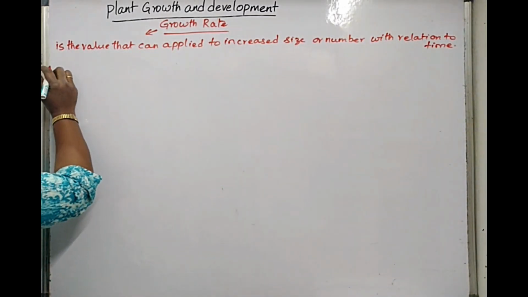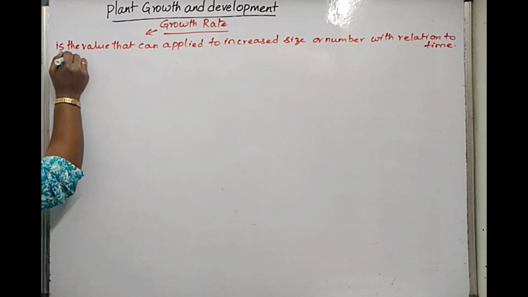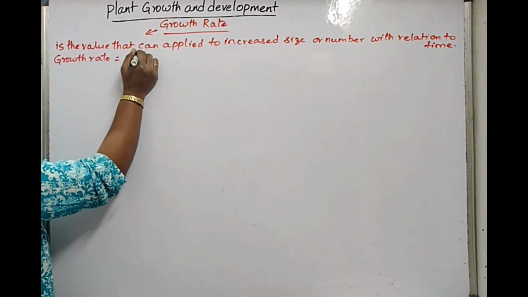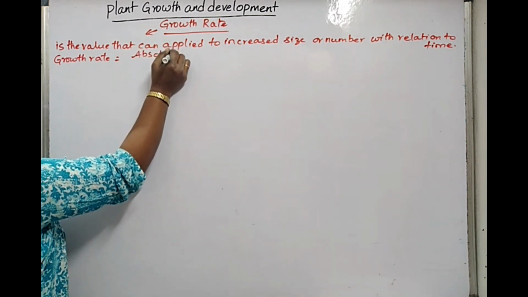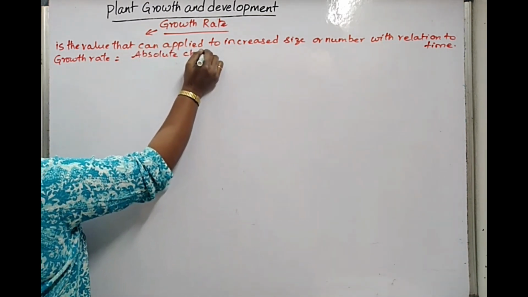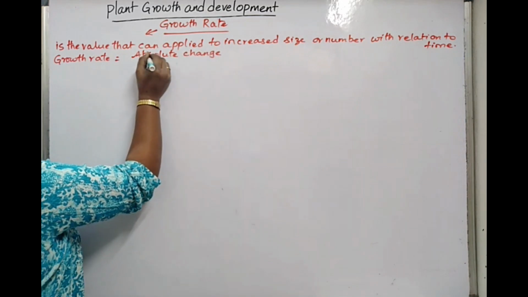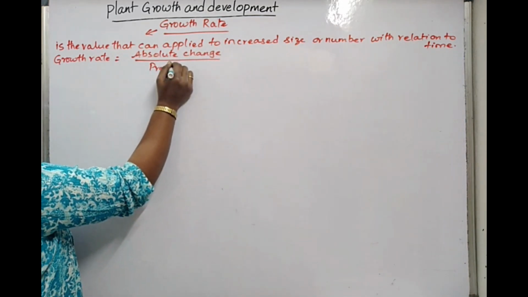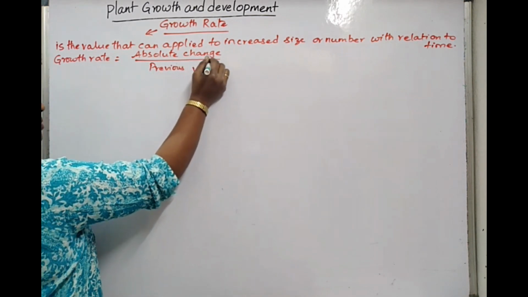We can give a formula to express this growth rate. Absolute change means exact change compared to the previous value.